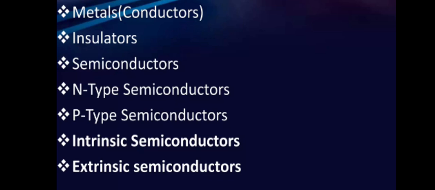Intrinsic semiconductors means pure semiconductors without any added atoms. And in intrinsic semiconductors, conductivity depends only on temperature. Extrinsic semiconductors, semiconductors with added impurities to improve conductivity. Again, extrinsic semiconductors are of two types, N-type and P-type semiconductors.